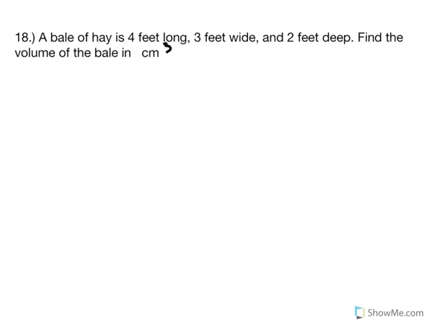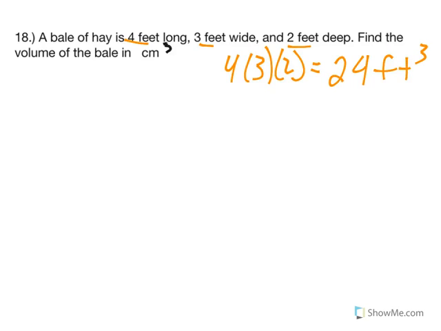One more story problem in this one. A bale of hay is 4 feet long, 3 feet wide, 2 feet deep. Find the volume of the bale in cubic centimeters. Okay, well, if we just say 4 times 3 times 2, the volume in cubic feet is 24. Okay, well, 24 cubic feet, and I want cubic centimeters.